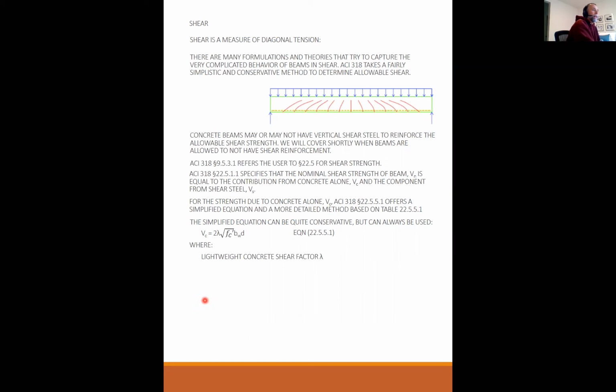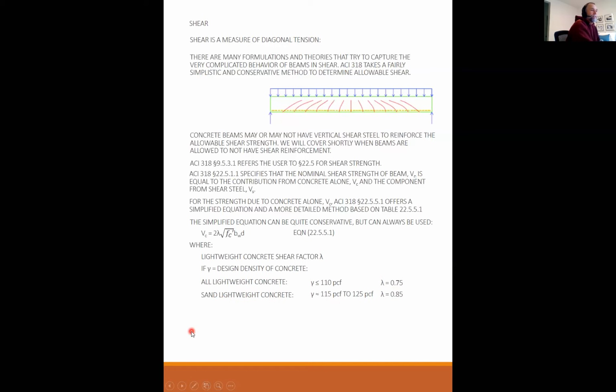Where lightweight concrete shear factor lambda, we talked about this in lecture 1 or 2, I think it was lecture 1. So if gamma equals the design density of concrete, then for all lightweight concrete, gamma is less than 110 pounds per cubic foot, lambda is equal to 0.75.